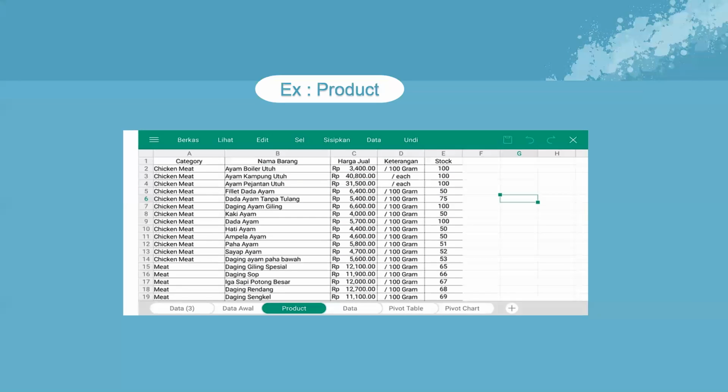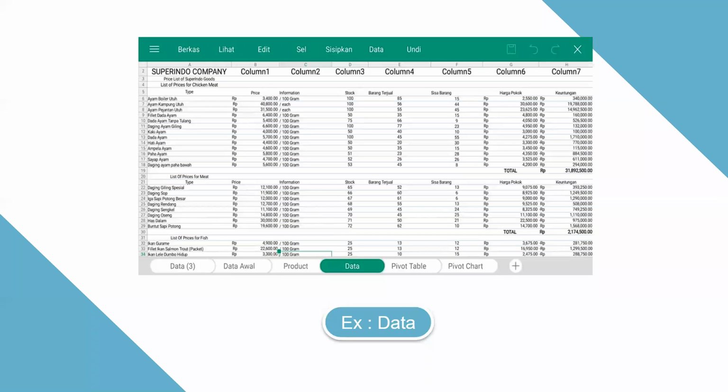Okay, next, the product sheet has a category column containing the category of each item, and next to it is a name of item column which states the name of the goods from each category, selling price, description, and stock, which states the number of goods available in store. Slide 8.